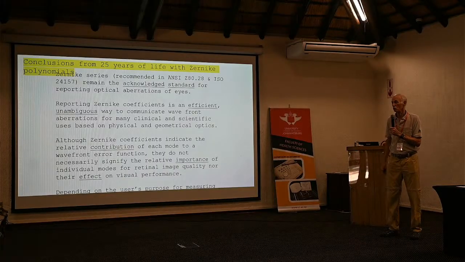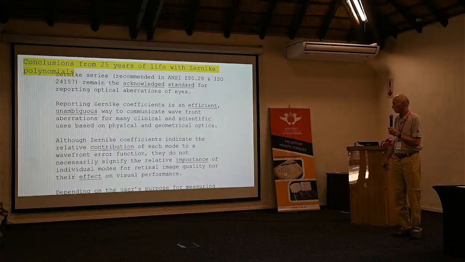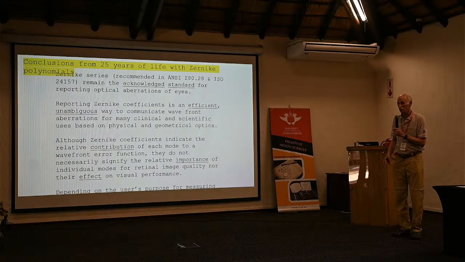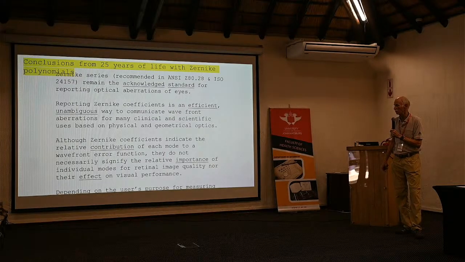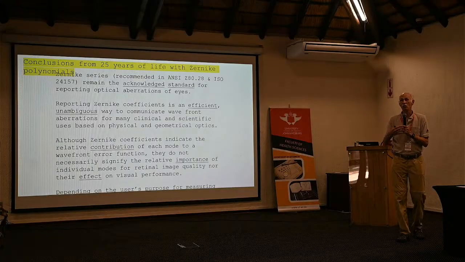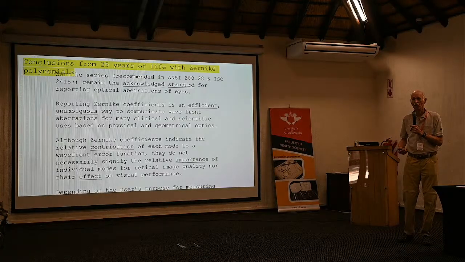It's an unambiguous way to report data. Now, those Zernike coefficients indicate the relative contribution of each mode to the wavefront error. They don't necessarily signify the relative importance of the individual modes. It's a point that Ray has made over and over again, because they interact with each other.